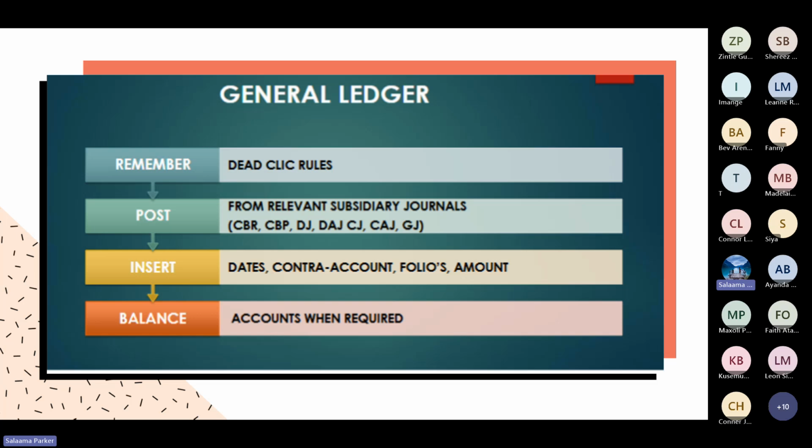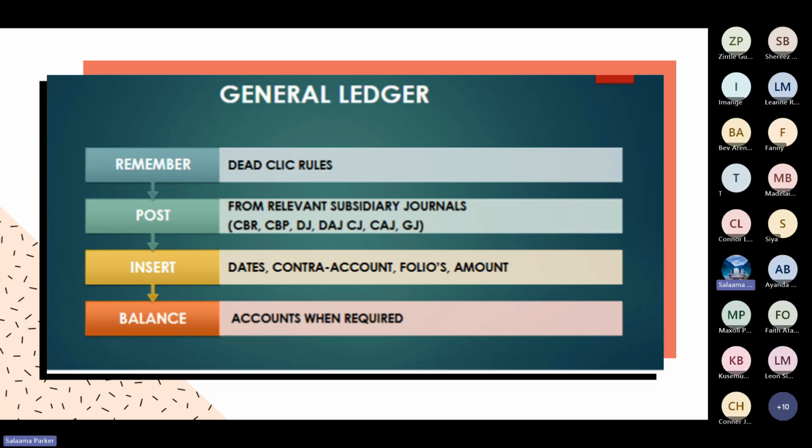But because we are now going to focus on creditors, we're only going to be posting from the cash book payments, the CJ, the CAJ, and the general journal. So always just remember specific journal transactions will then only be posted to a specific account in the general ledger.